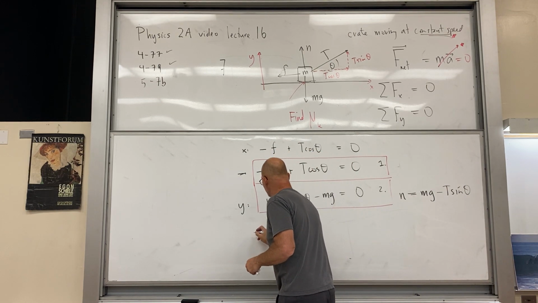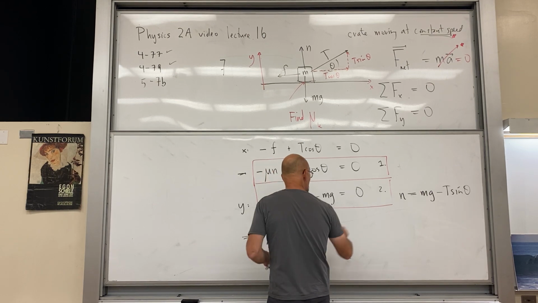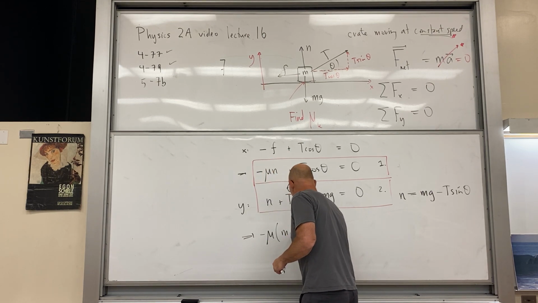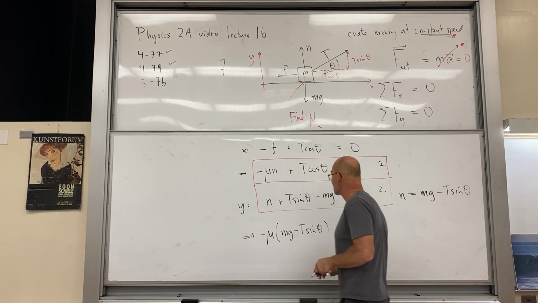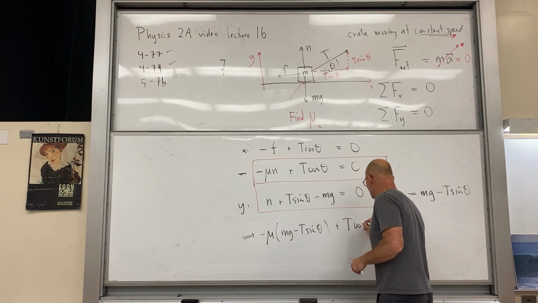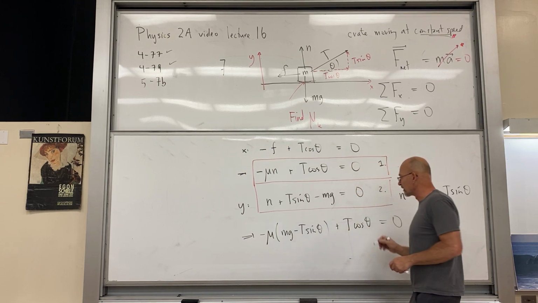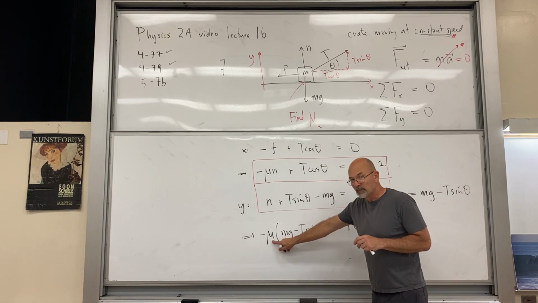So now I have minus mu times (mg minus T sine theta) plus T cosine of theta is equal to 0. And now you'll see the only unknown is mu.